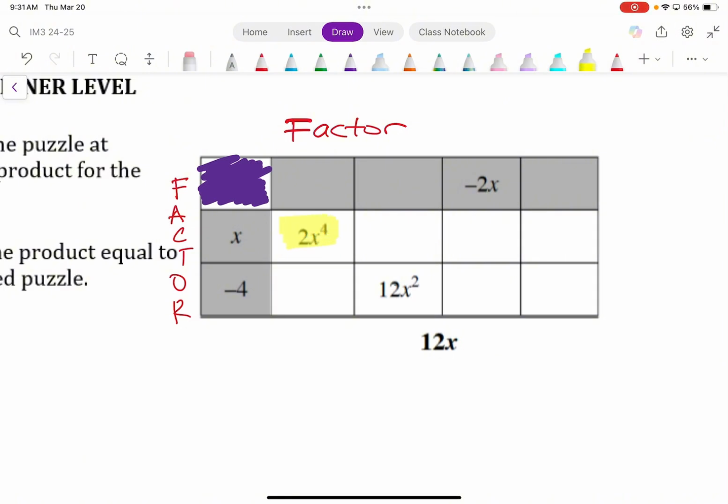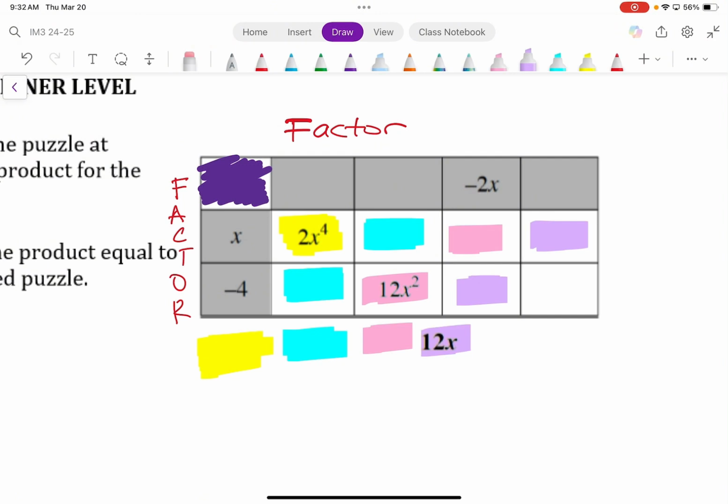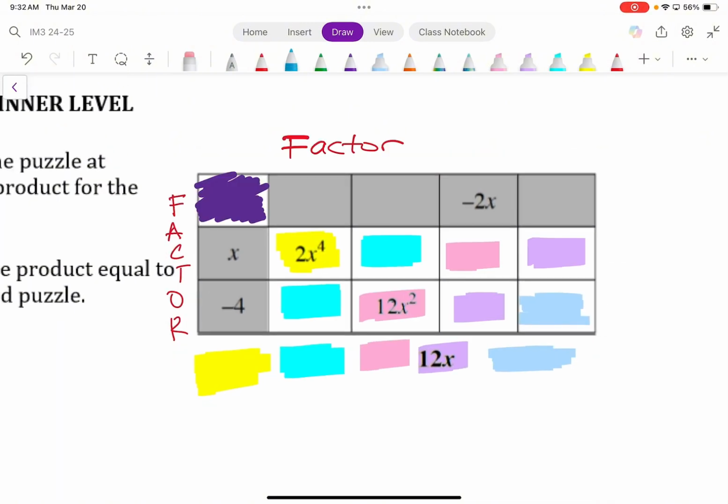I'm going to highlight some things out here. All right, I'm highlighting stuff so that we are preparing ourselves to answer this question. All right, let's begin. So, how do I get 2x to the fourth? What do I multiply? 2x to the third.